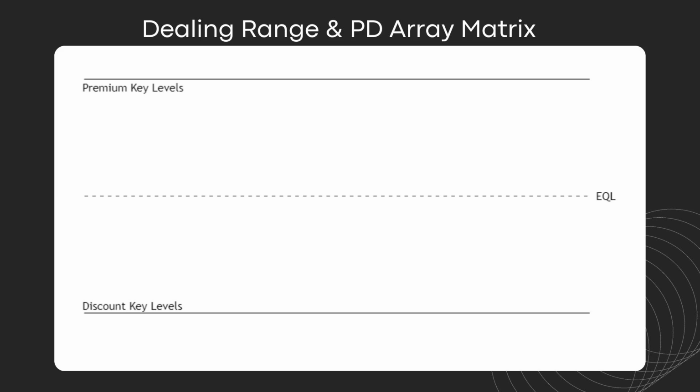I get many DMs from students saying, why did this not work, or why did I miss this move? And the plain and simple answer is that's how the market moves. That's how the market works. You're going to miss moves, you're going to lose trades, but at the same time, if you stick to the right things, you will also win trades, and those wins will make sure you end up profitable in the long term, right?